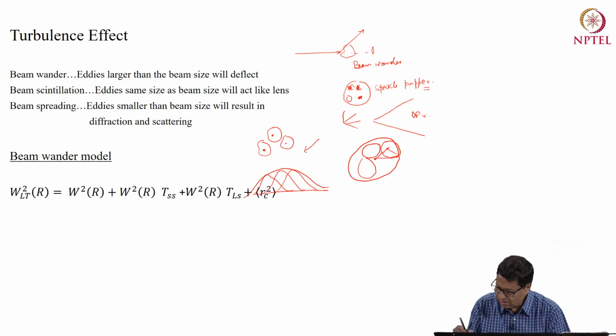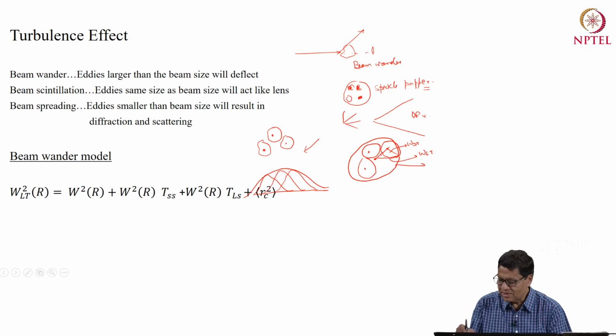These are the small hotspots, and let me denote the beam width here as omega short term. Because it is changing, it will ultimately result in a bigger circle of this radius, which I denote as omega long term.